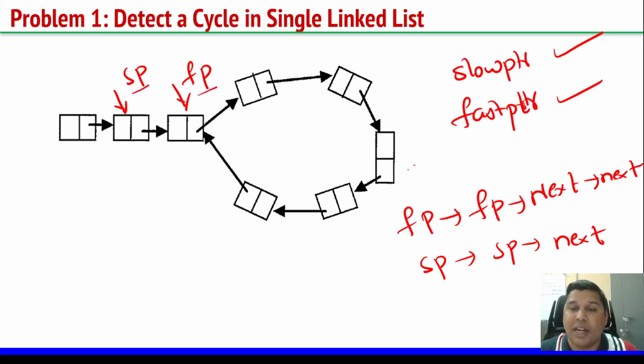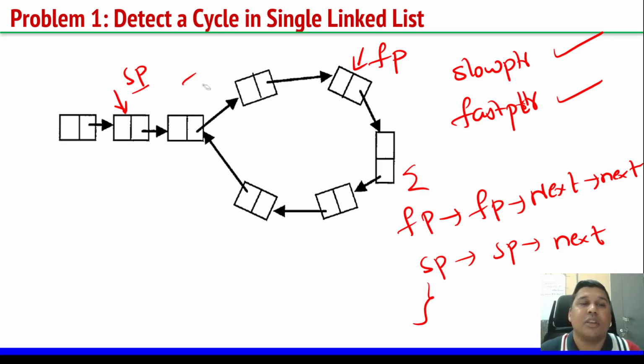Now one more time I will iterate. Second time, what will happen? Your FP will come here and your slow pointer will move here, SP. Now again iterate. Keep repeating this process.